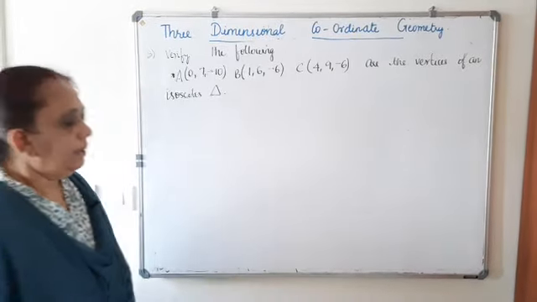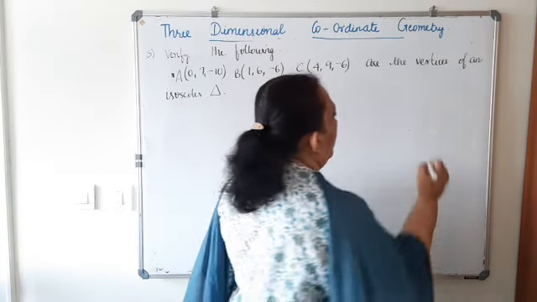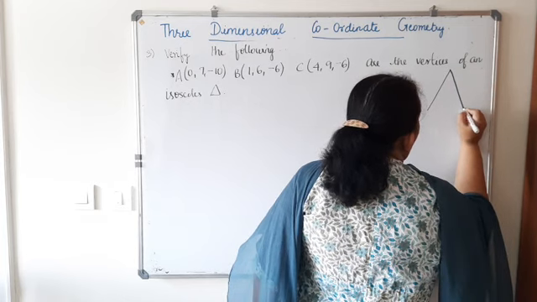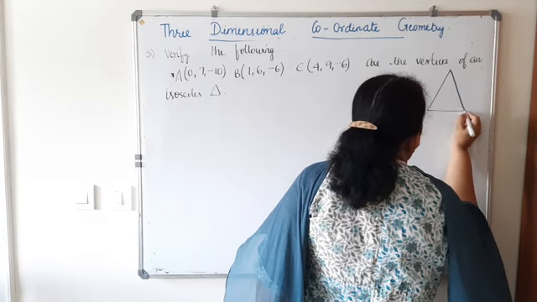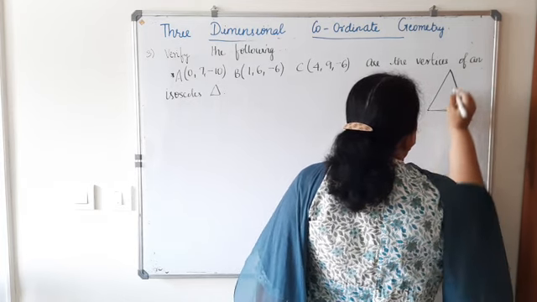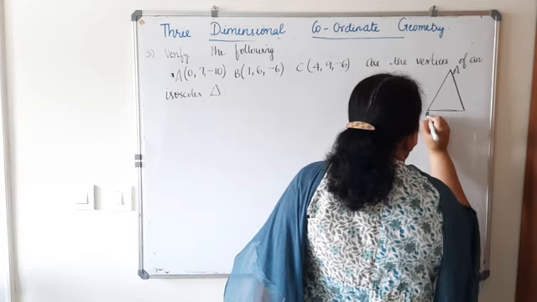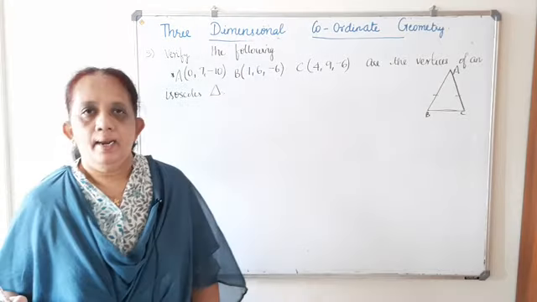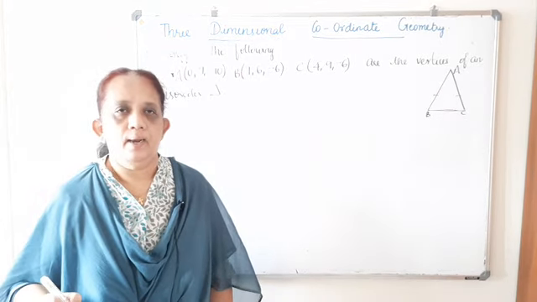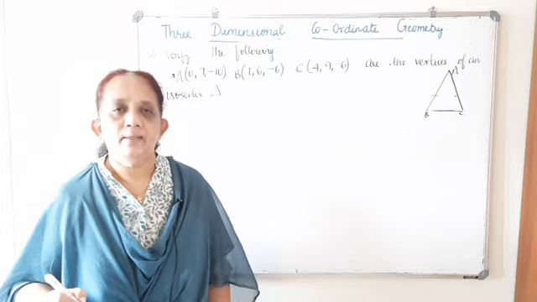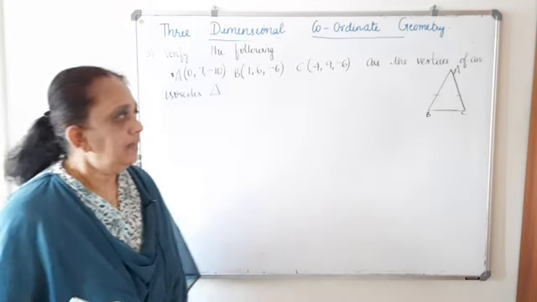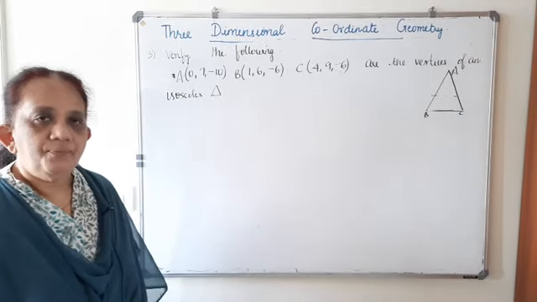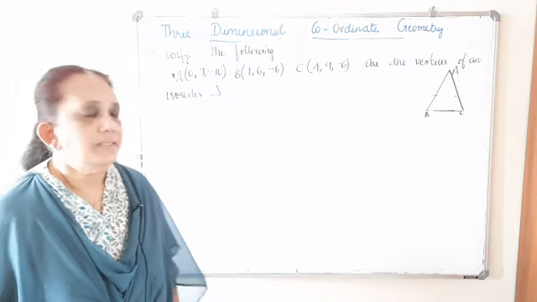Now, what do you mean by an isosceles triangle? An isosceles triangle means length of two sides are equal. Length of any two sides are equal. That is, you have to find out the length of AB, BC and AC, and you have to show that out of three sides, two sides are equal.